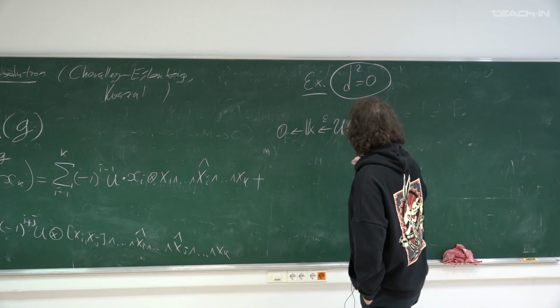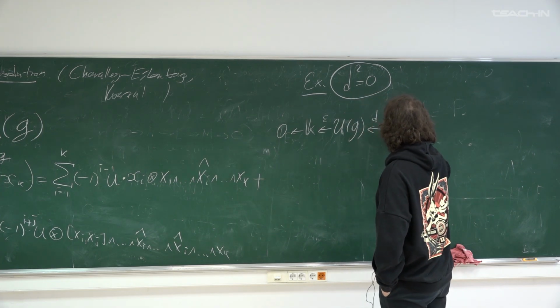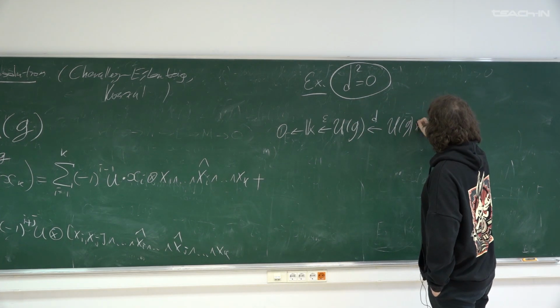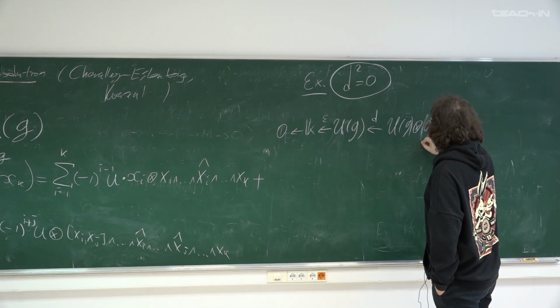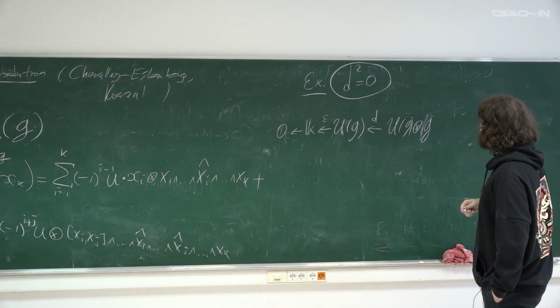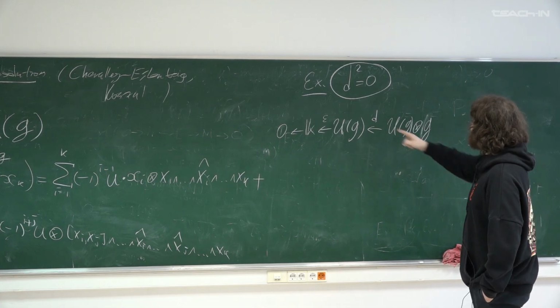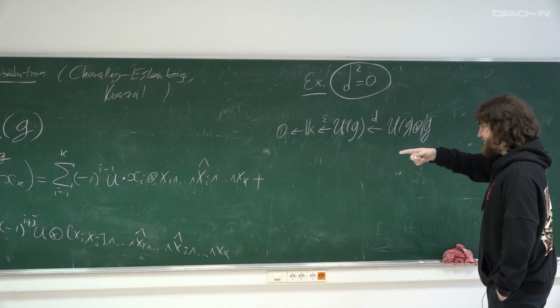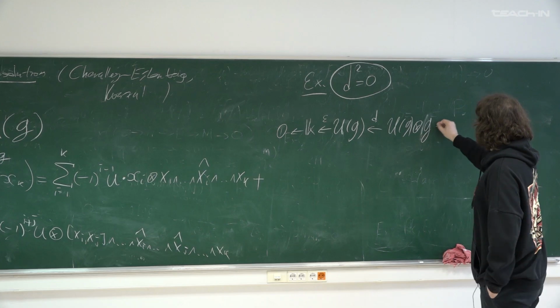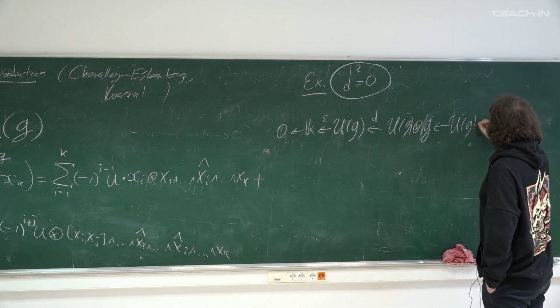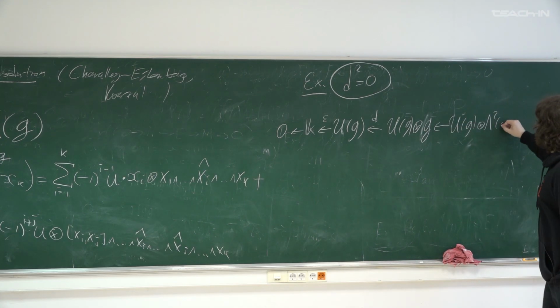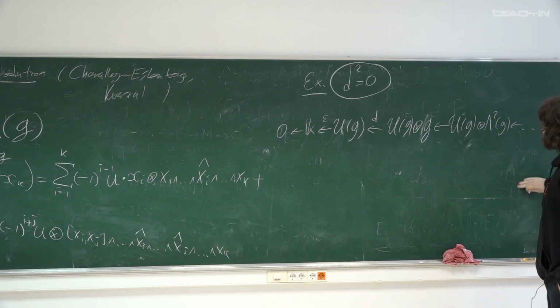This is our augmentation. Then UG tensor G, the degree 1 part, already with this Chevalley-Eilenberg differential, then UG tensor lambda squared, and so on.